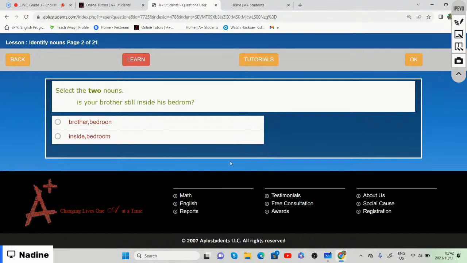All right, so if we select the two nouns, is it brother and bedroom, or is it inside and bedroom?